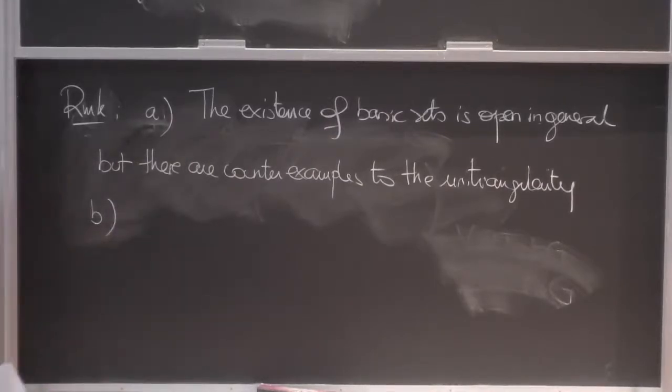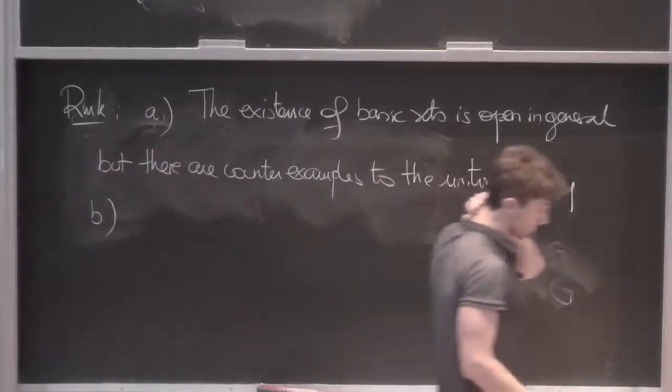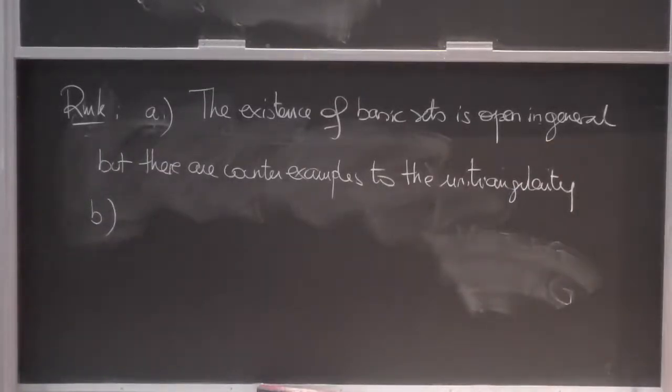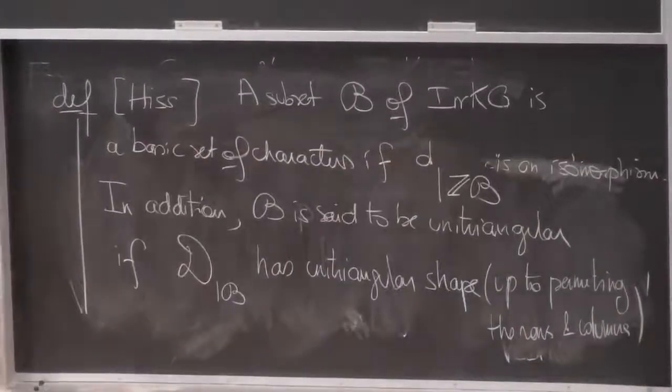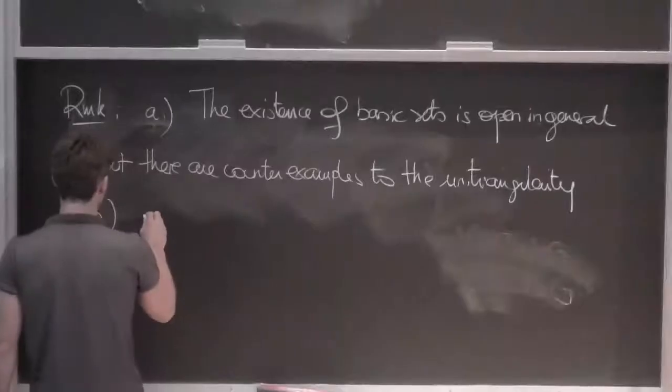The second remark is about the importance of this basic set. Since you have something which is unitriangular, you will have a parametrization of the representations in characteristic L in terms of representations in characteristic 0.